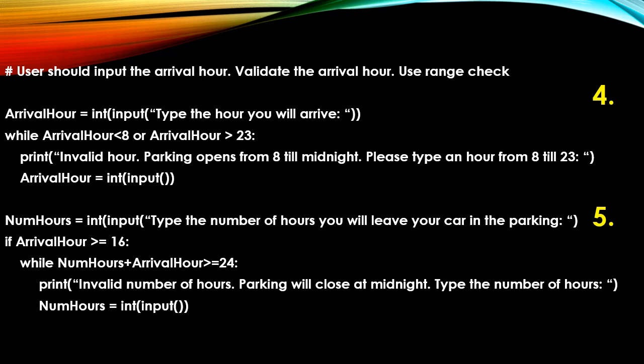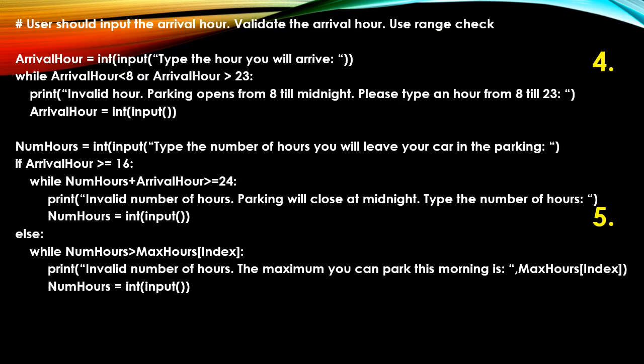The second validation for the number of hours is the other option, which means that you're coming to park in the morning. So we said if arrival hour is greater than or equal to 16, now we'll do else. Else means you're parking between 8 a.m. and 15 o'clock. And we said that there's a maximum hours on Sunday of 8 hours, Monday, Tuesday, Wednesday, Thursday, Friday, the maximum is 2 hours, and on Saturday, the maximum is 4 hours.